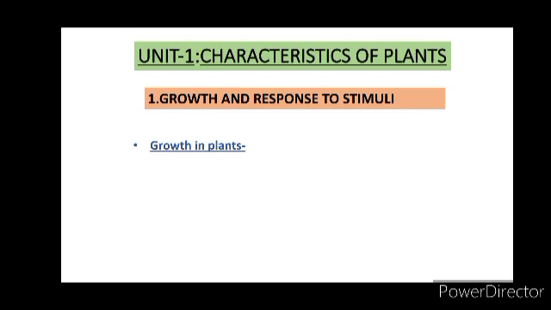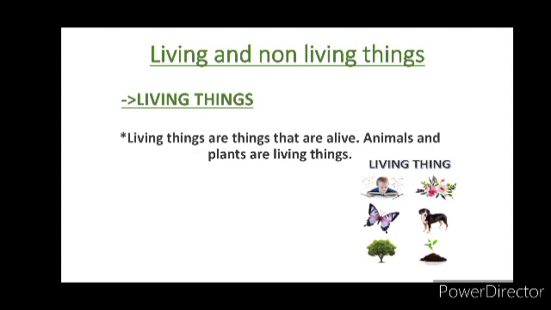As we all know, all plants and animals are living things. They need air, food, and water to live and grow. Now let us remember some characteristics of living things. Living things are things that are alive. Animals and plants are living things.